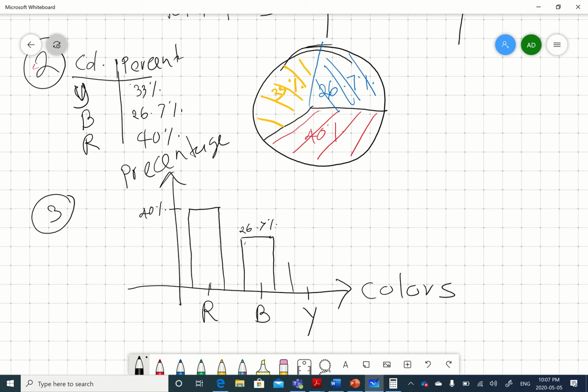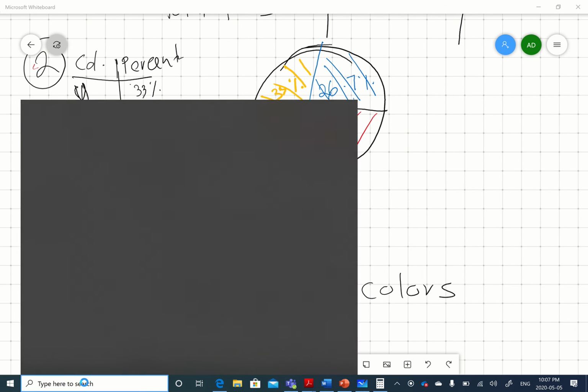My drawing is awful, apologies about that, but this is the idea of a bar chart. So pretty neat, pretty straightforward methods of summarizing a qualitative data set.